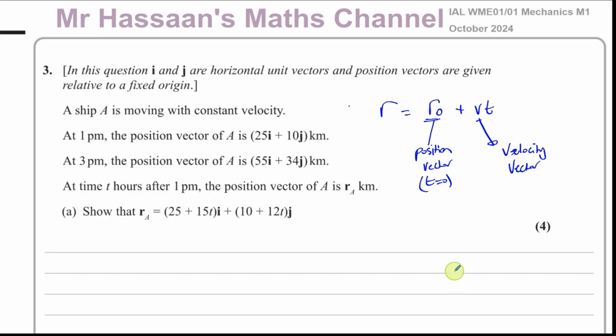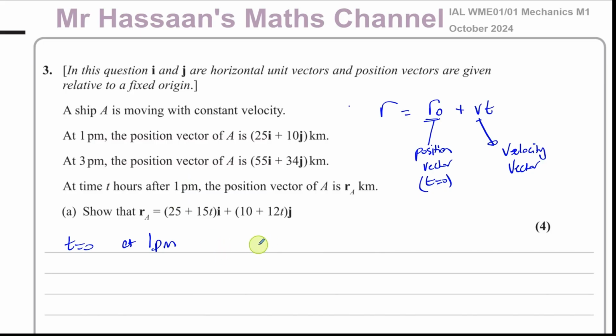Now we are considering t hours after 1 p.m. So 1 p.m. is our starting point, we can say t equals 0 at 1 p.m. That's a reference point.